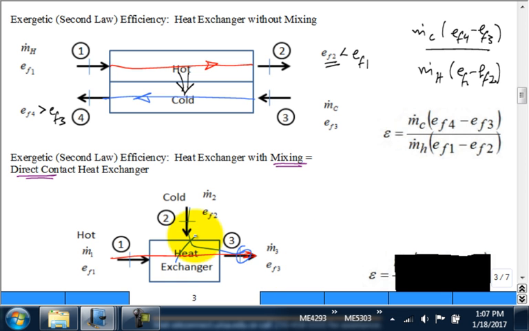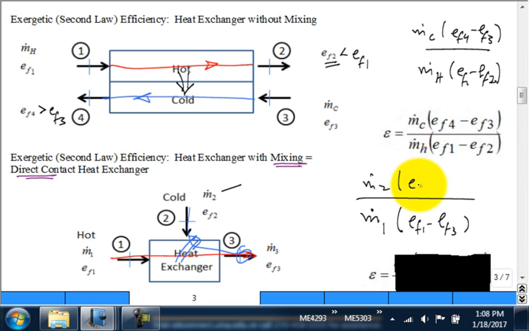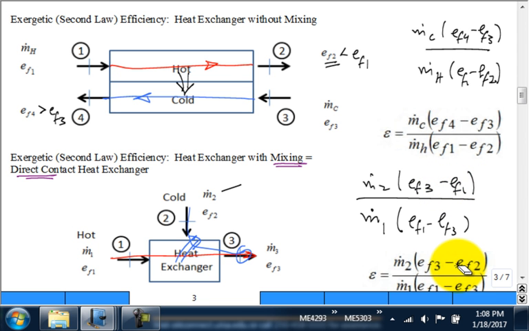So again, it's out of the hot and into that other stream. What came out of the hot? The mass flow rate, M dot 1, times EF1 minus EF3. And how much of it went into the cold? M dot 2, this is M dot 2 right there. EF3 minus EF2. So there you go. Make sense?